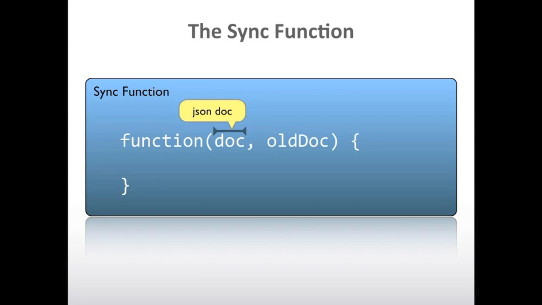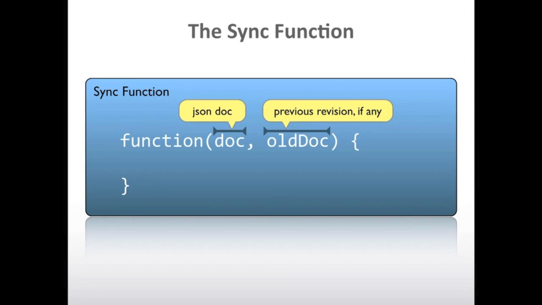So you created a document on a mobile device, it gets transferred up to the Sync Gateway by Couchbase Lite, and then it goes to this sync function. Based on the key of the document, it'll also pull the previous revision of that document. So the two parameters are the current document you're saving and the previous revision of that document.